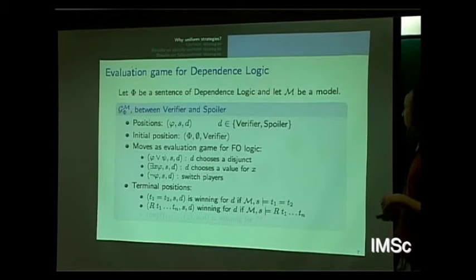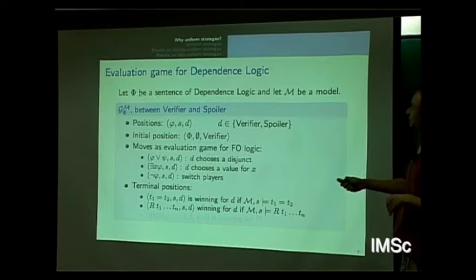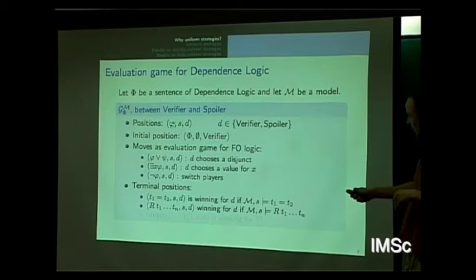So you have positions of this form where, so I take a formula of dependency logic and a model of first order here. So here is a subformula of the big formula. This is an assignment for variables. And this is one of the two players, verifier or spoiler, who is currently in charge.